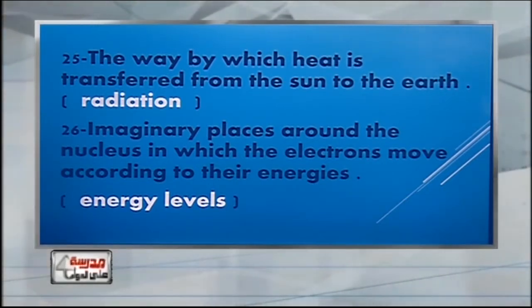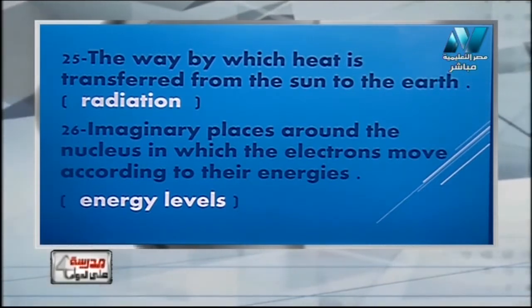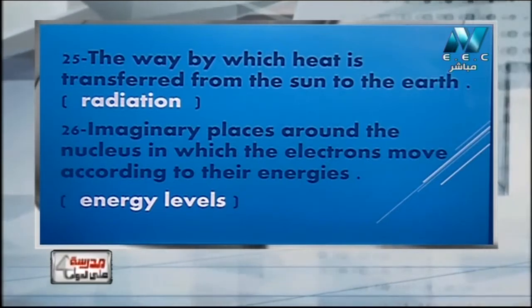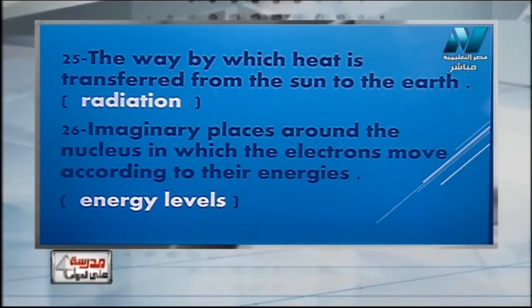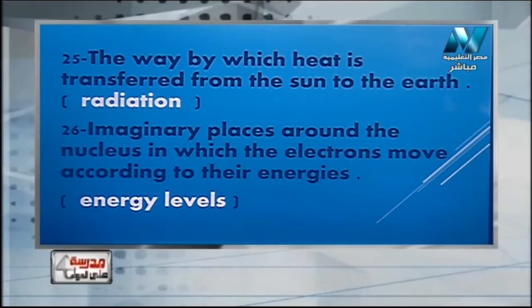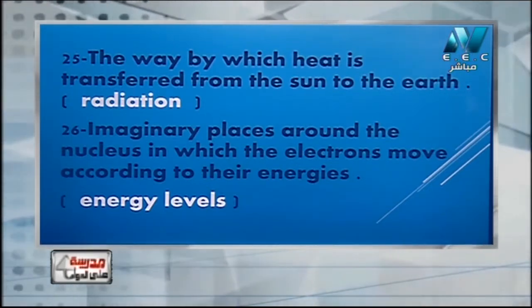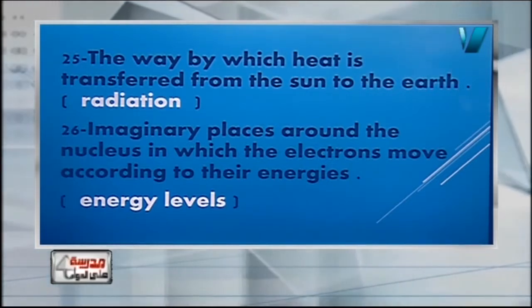Number two, gaseous or gases, the air or the atmospheric envelope. So in atmospheric envelope, I can say it is convection, but it's wrong here. So it is radiation, because the radiation is the way by which heat is transferred through space and through gases.